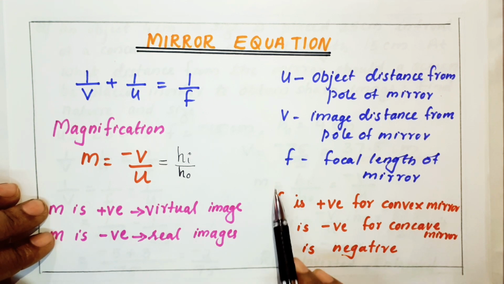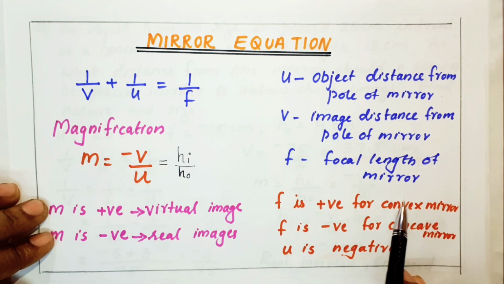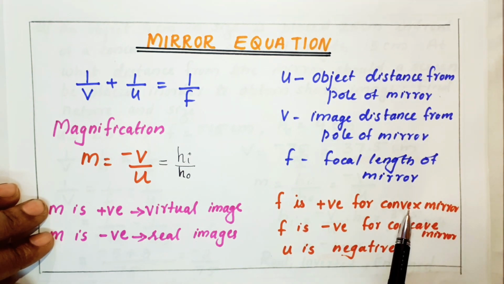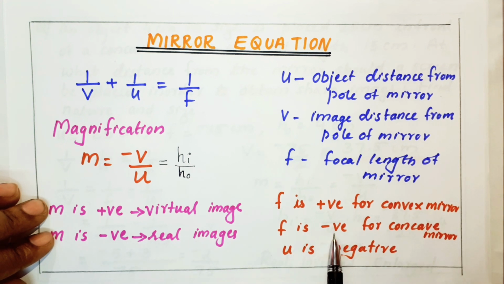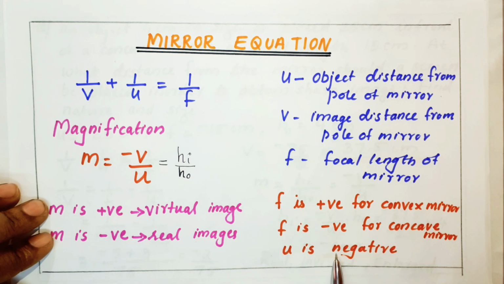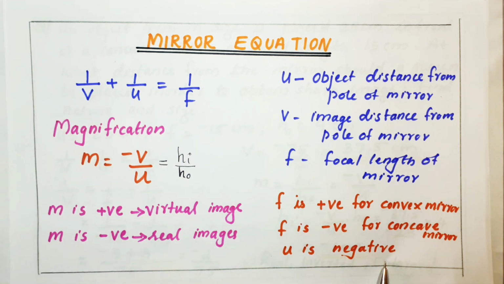For that, we have some sign convention. Focal length of a convex mirror, you take as positive. Focal length of a concave mirror is negative. And U, according to sign convention, we are taking as negative, because we are taking the distance from the pole to the object. So U we are taking as negative.